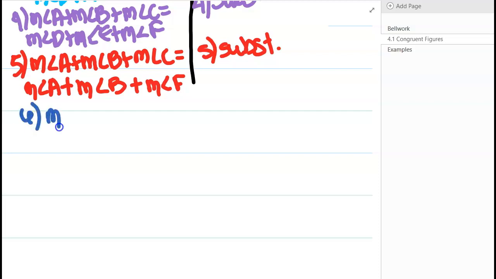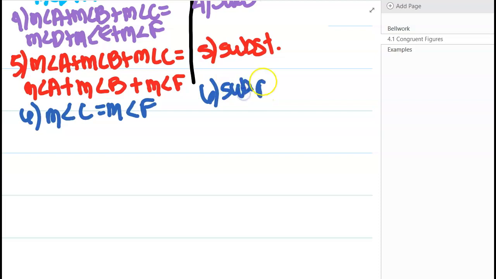So now I have the measure of angle C equals the measure of angle F. Now you don't have to show that step about how you're getting rid of it, like math-wise, but you do have to say why you're able to do that. Why am I able to just get rid of the measure of angle A and the measure of angle B on both sides? This is the subtraction property of equality. You can subtract the same thing from both sides.